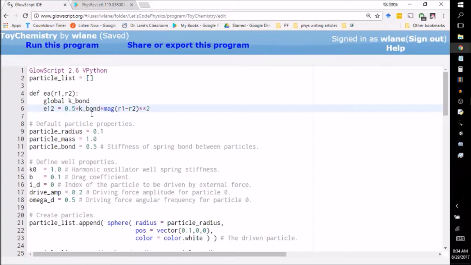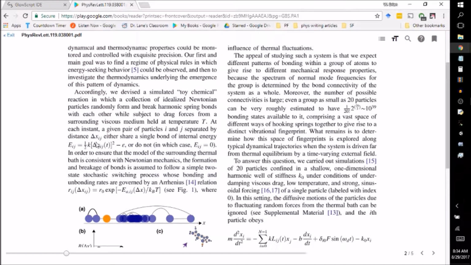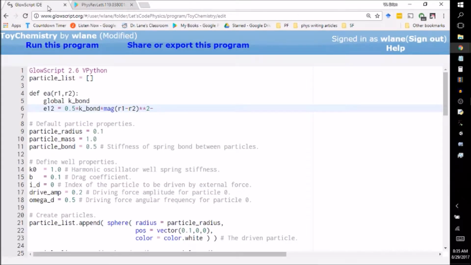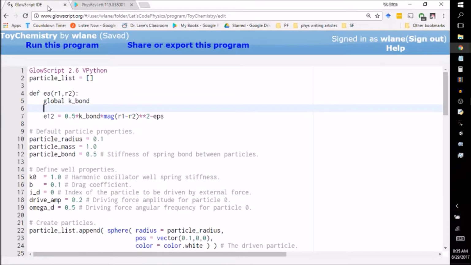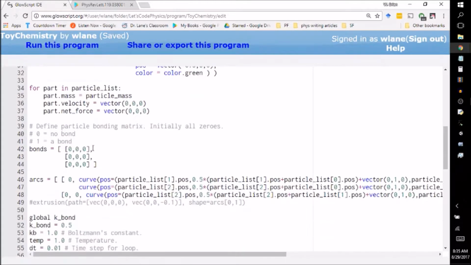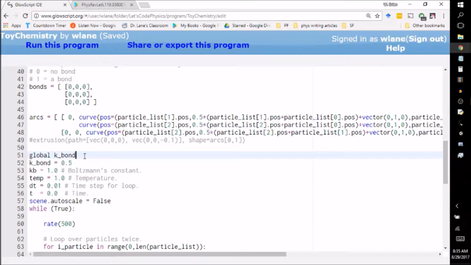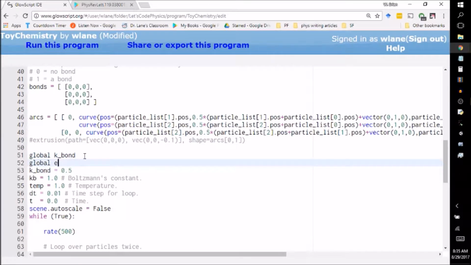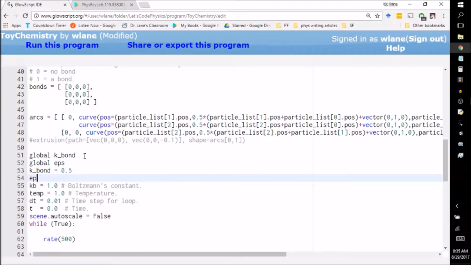All right, so I've got 1/2 K x squared, minus some constant. Okay, so minus, call it eps for epsilon. Let's put that down with the other properties. So let's see here, global K bond, global epsilon, eps is equal to, let's make it something small, 0.25.